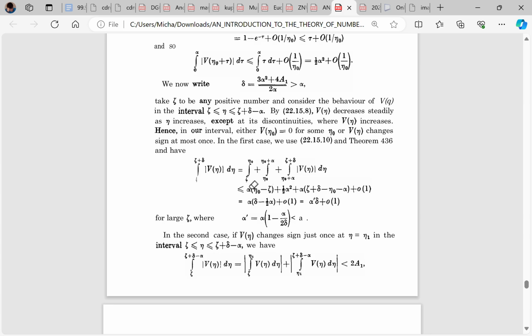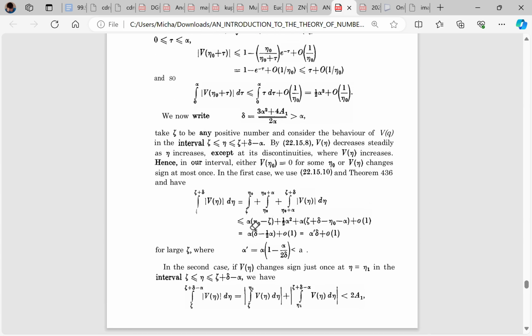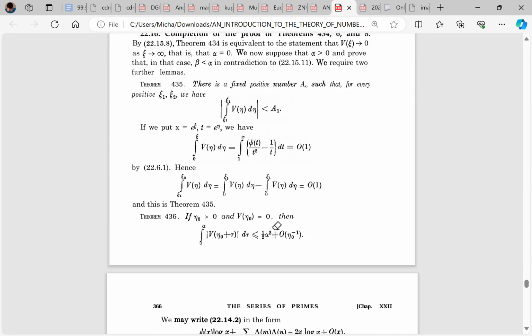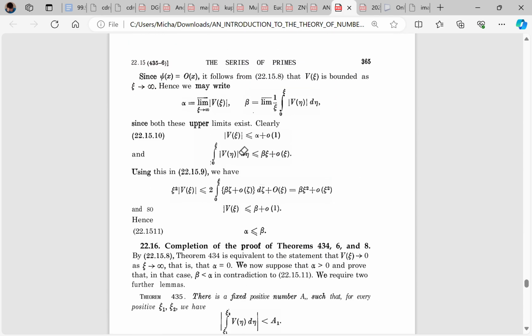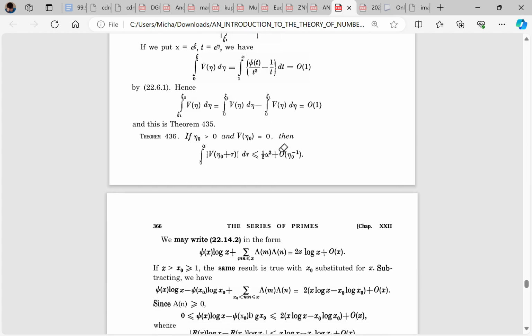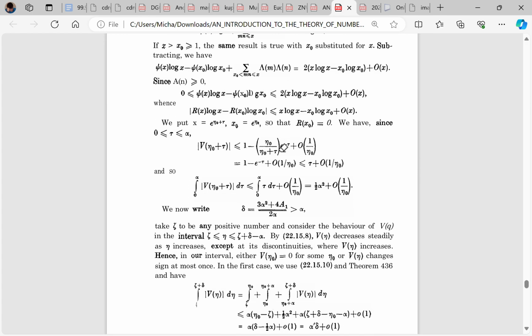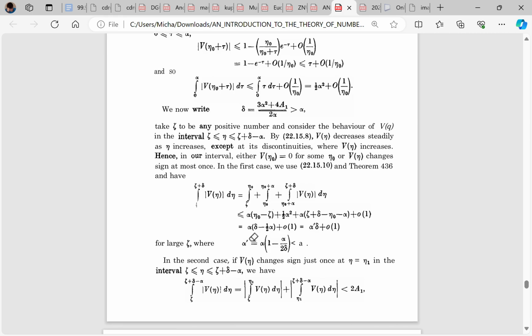So we're doing this thing where for an integral, if you have a bound for the integrand, the thing inside, then the whole thing is less than or equal to the length of the interval times the bound. So here we have the v is bounded by alpha plus little o of 1. And so the whole integral is just alpha plus little o of 1 times the length. That's what happens here as well.